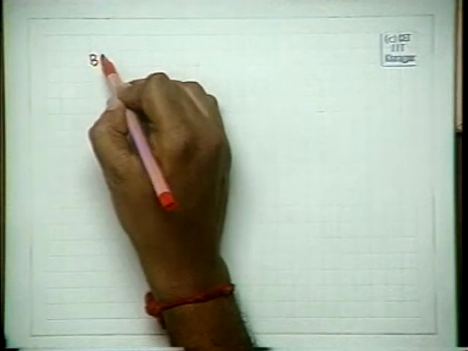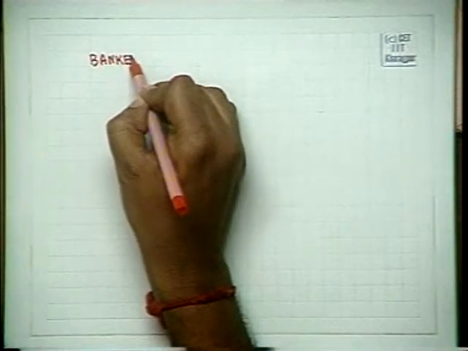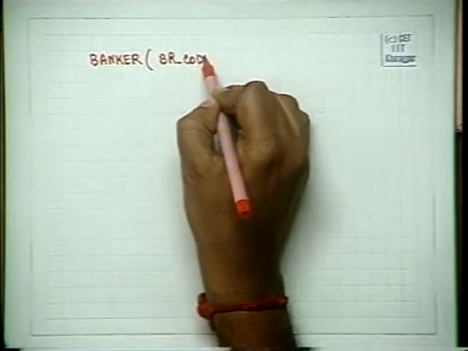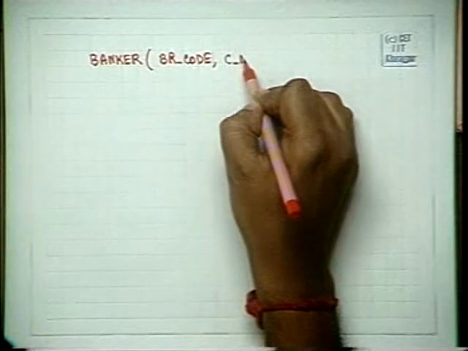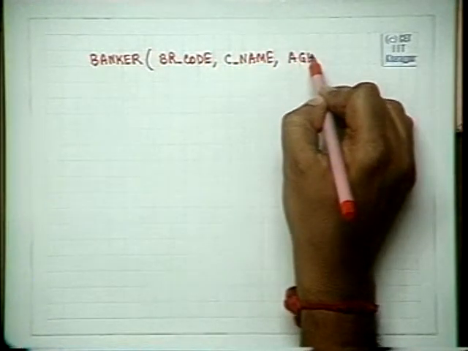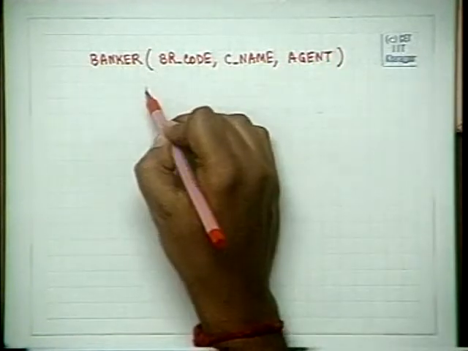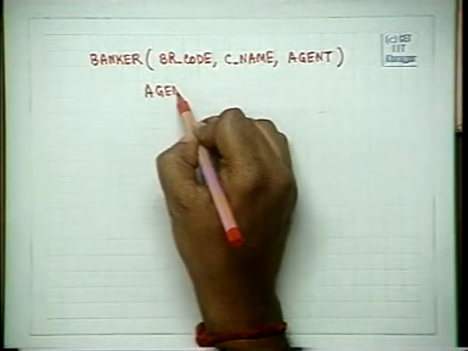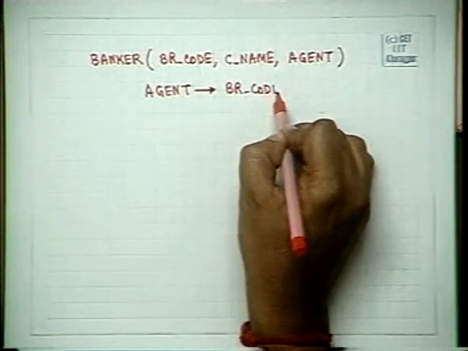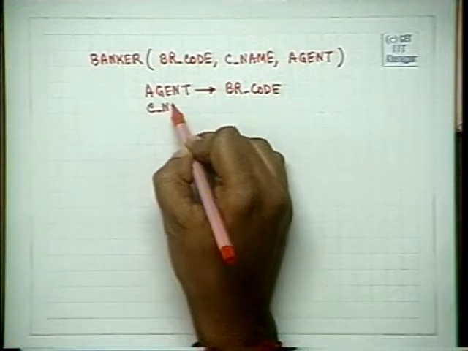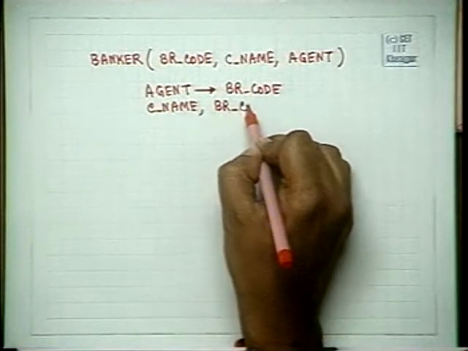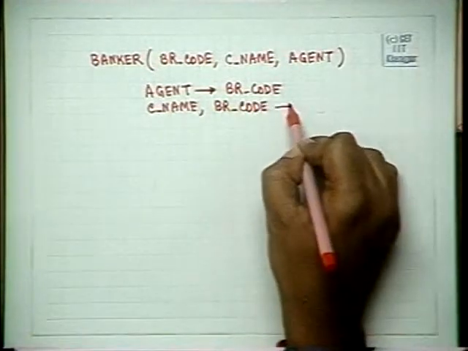We had the original relation: branch code, customer name, agent, and we had agent to branch code and customer name, branch code to agent.